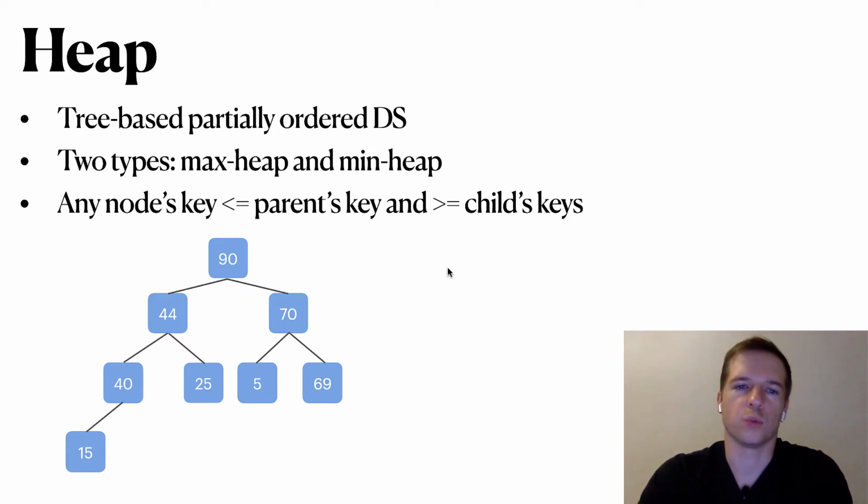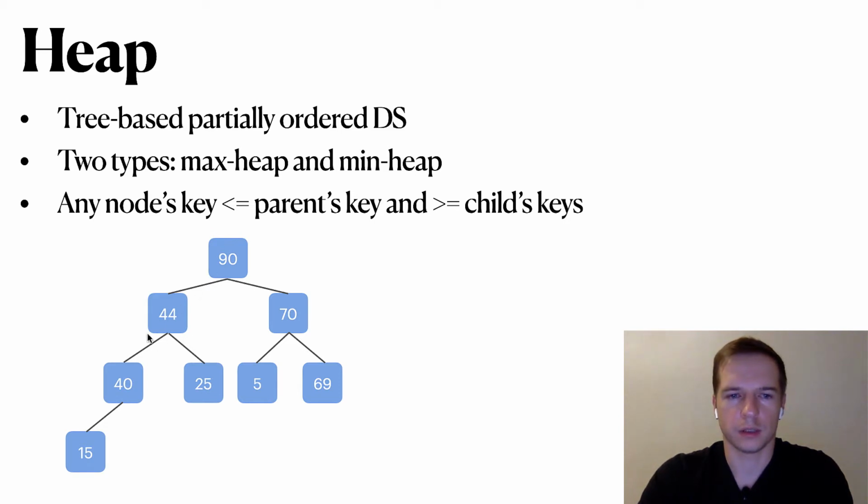If you understand one and you know how to implement one, you automatically know how to implement the other one with small changes. And there is a rule that any node key, this is for max-heap, but you can inverse it to apply it for a min-heap, is less than or equal to the parent's key. So let's say we take 44, so the key is 44, it's less than or equal to the parent's key 90, and bigger or equal compared to the child's keys, so we have 40 and 25.